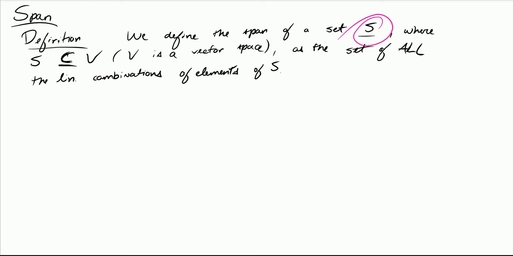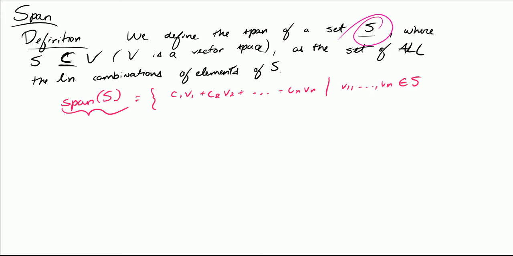Okay, so the notation for this is we write span S. We write span of S as the set of linear combinations of all the vectors in S, so that is C1 V1 plus C2 V2 plus ... plus Cn Vn, where V1 through Vn belong to S, and C1 through Cn are all real numbers or scalars.